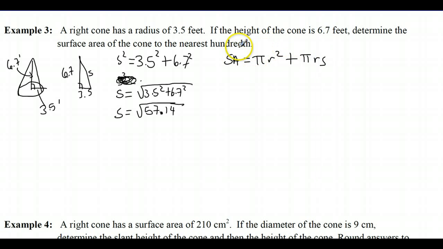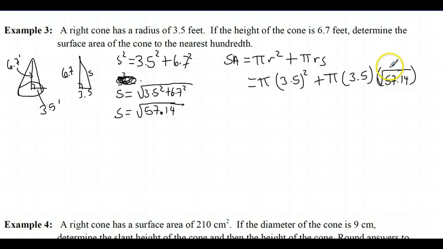Make sure you can distinguish between when a question asks for surface area or lateral surface area. So pi, fill it in. Radius is 3.5 squared plus pi, radius is 3.5, and the slant height is the square root of 57.14, which shall remain unrounded for now.